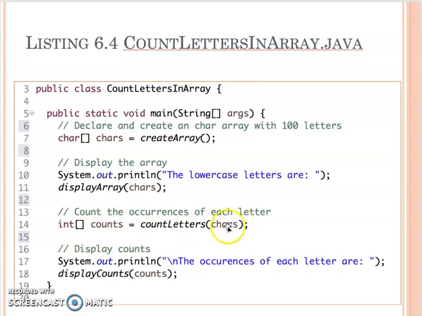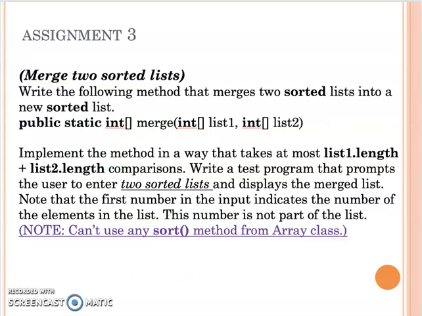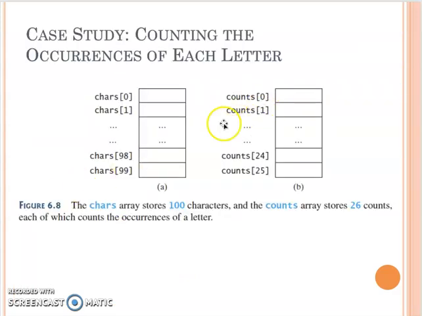Now the second method I want to talk about for this array. After we create an array containing 100 lowercase letters, how can we know how many a's, how many b's, how many c's? That's what this count letter method does.